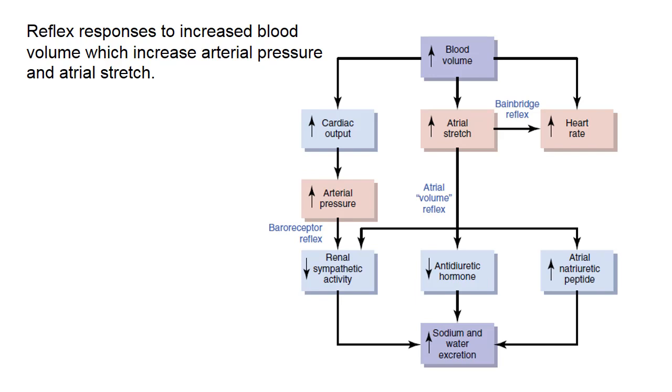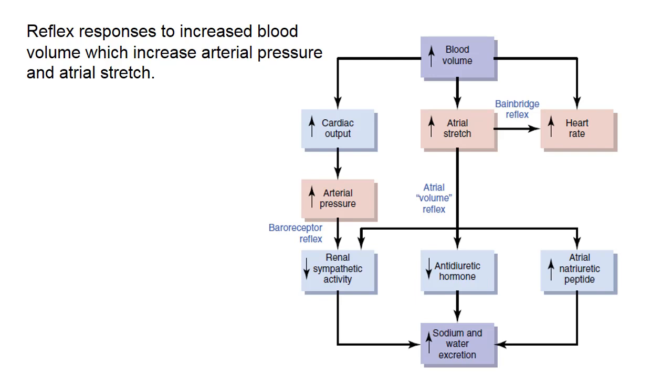Also, increasing blood volume can increase cardiac output and increase atrial pressure, and increasing atrial pressure can activate the baroreceptor reflex. The baroreceptor reflex can act on sympathetic system activity and finally decrease blood volume by increasing sodium and water excretion.